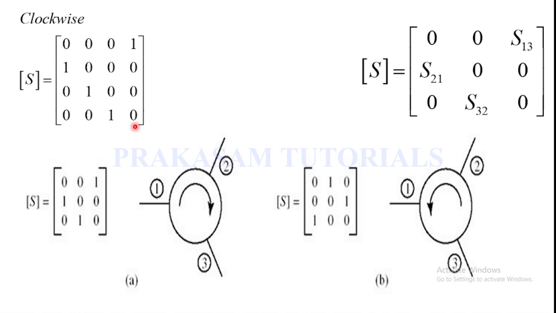When the input is applied at the first port, it gets output only at the second port. There is no output at port 3 and port 4. So the wave is transmitted only from the nth port to the n plus 1 port. This is the ideal circulator S matrix value.